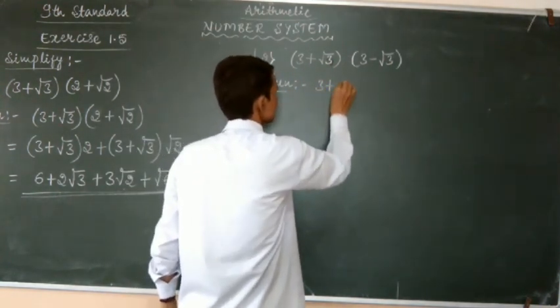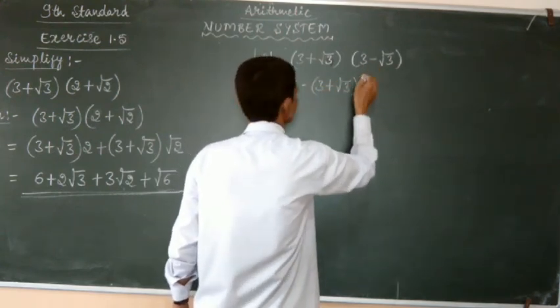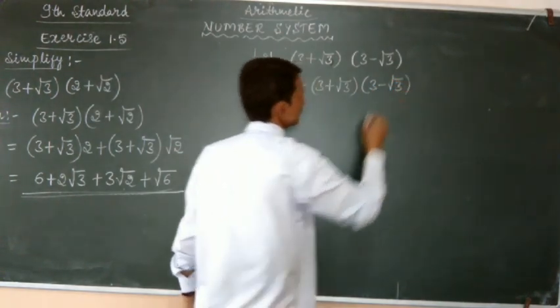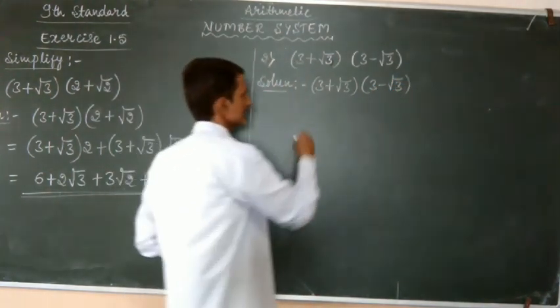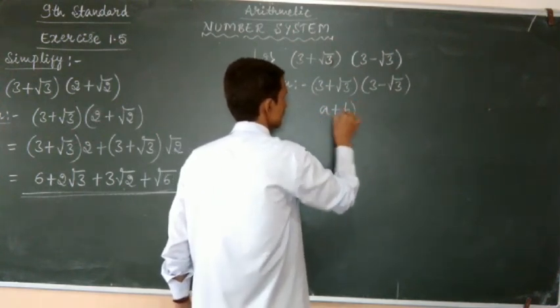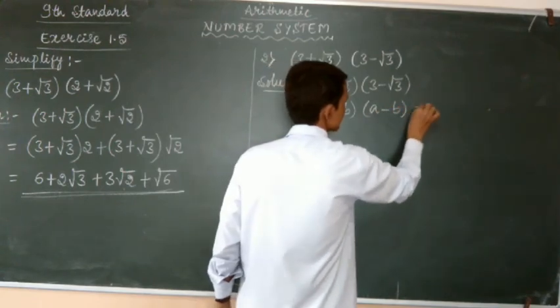If you write 3 plus root 3 into 3 minus root 3, this is of the form a plus b into a minus b.